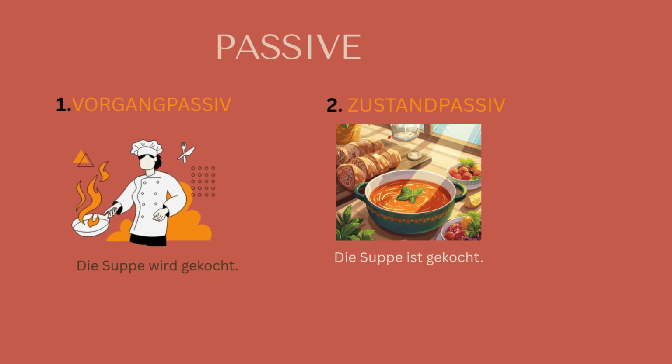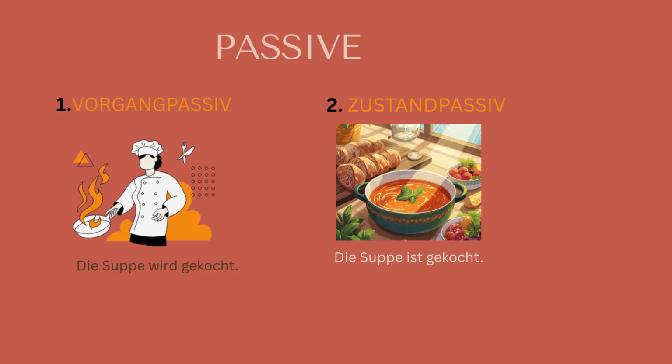It means the soup is being cooked. Here the process is ongoing. But in Zustandpassiv we can say, die Suppe ist gekocht, which means the soup is cooked. Already the action is done or finished. So now you can understand the difference between Vorgangpassiv and Zustandpassiv.